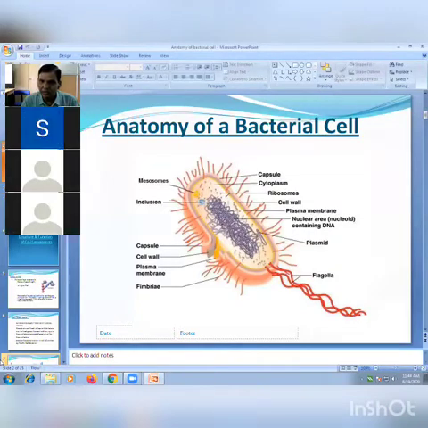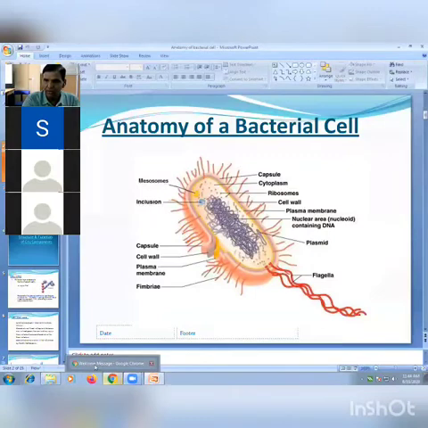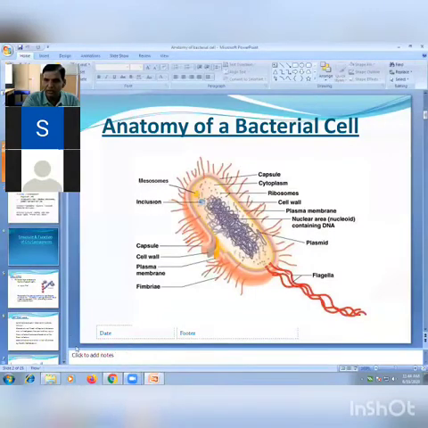In the bacterial cell anatomy, cytoplasm is present, ribosome, cell wall, plasma membrane. All these are generally present inside the cell. And the genetic material present is DNA, deoxyribonucleic acid.